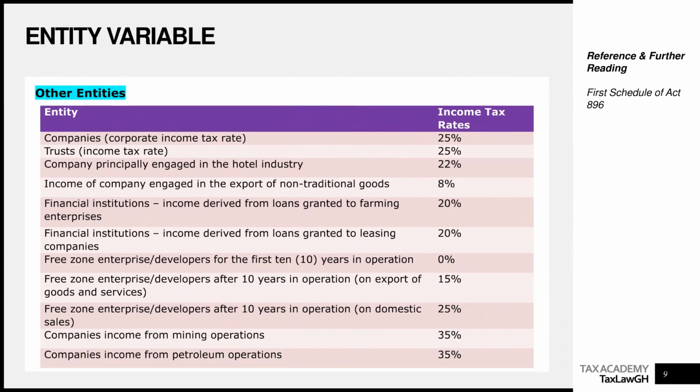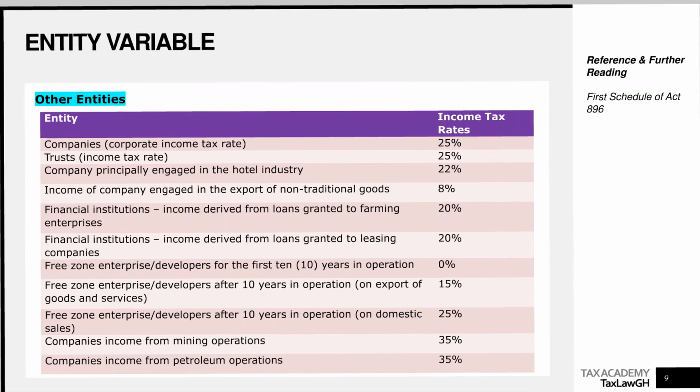Still under the entity variable, even for companies, even for other entities, even for partnerships, even for trusts, remember that we are saying there are different rates. And before I even continue, let me show you this one more time.